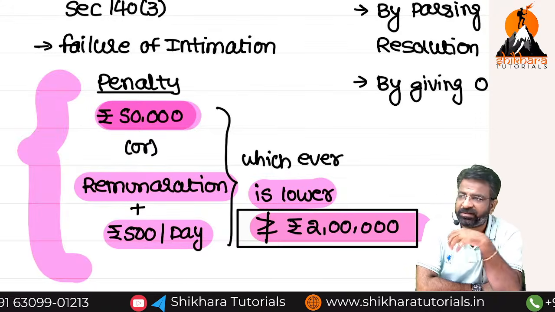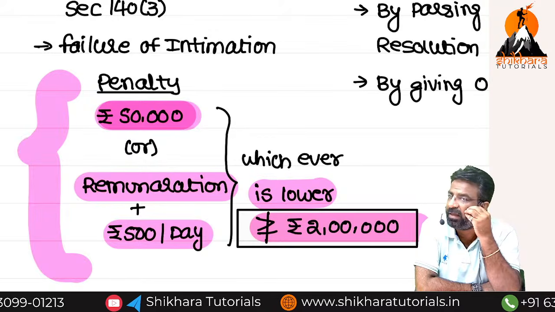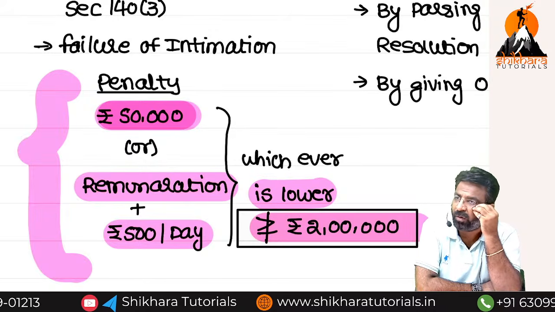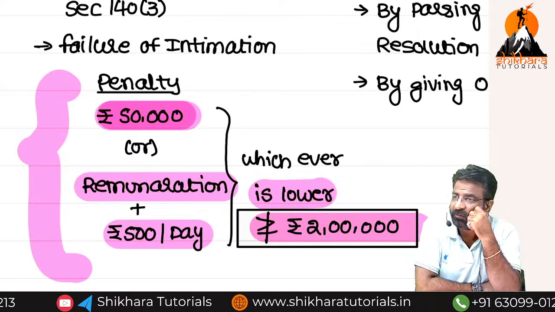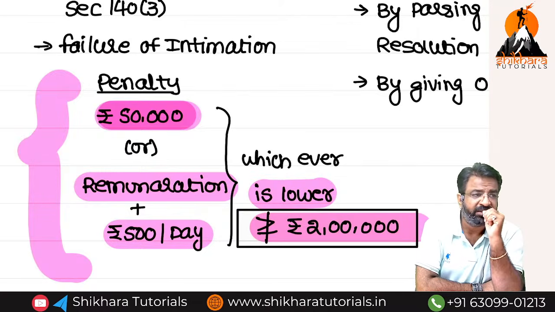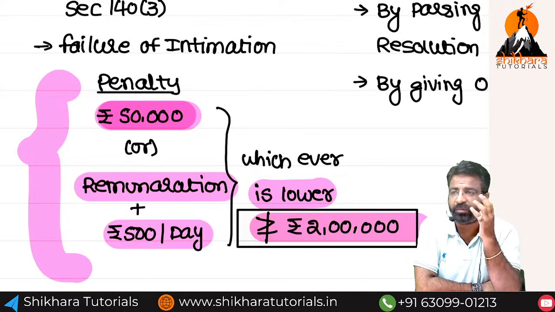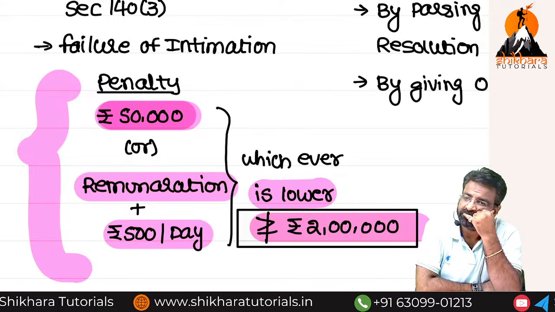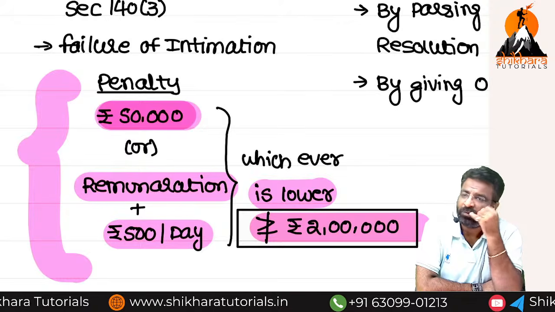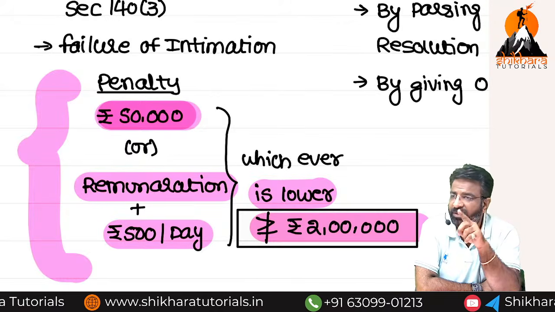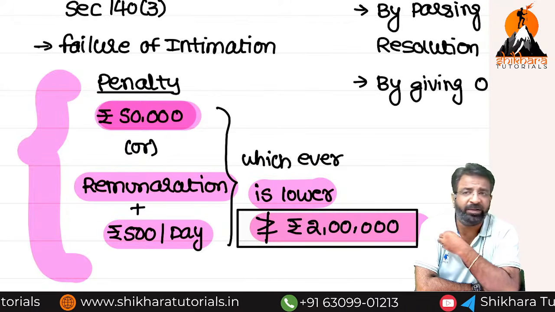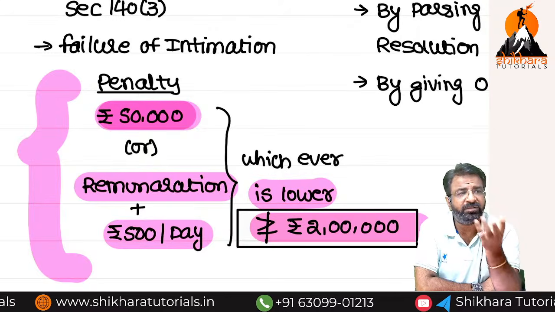So tell me how you will calculate if this practical question comes. I resigned as a cost auditor and I gave my reasons of resignation on 67th day after resigning, and my remuneration was 8 lakh rupees. So remuneration or 50,000, whichever is lower.